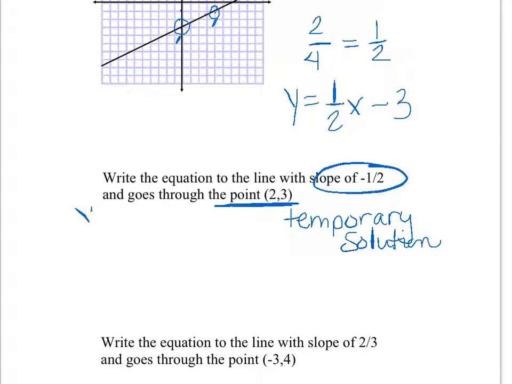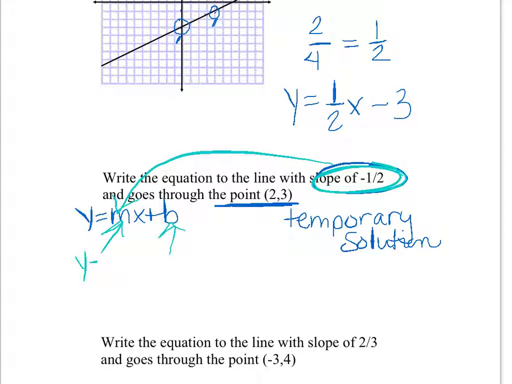Now, when you're doing this, y equals mx plus b should be written on your paper. Your job is to replace m with a number and b with a number. That is your job. We already have m because it told us the slope, so we're going to plug that in for m. Now, we still have to plug in something for b.